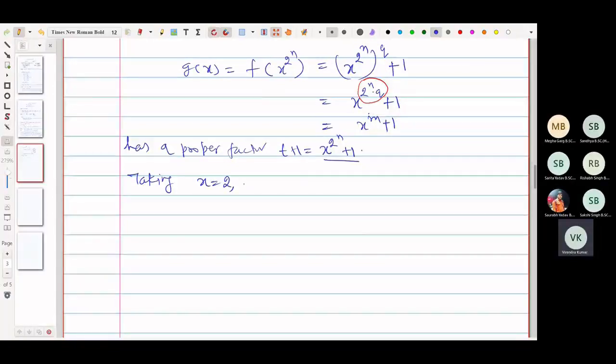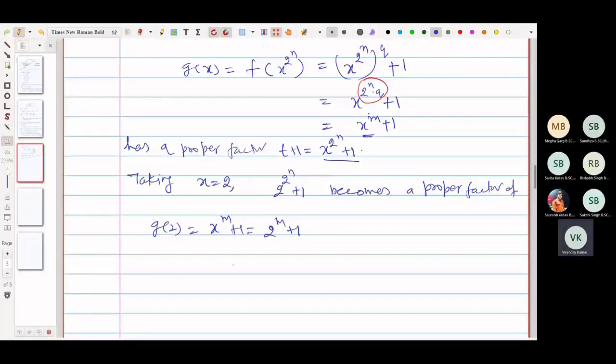If you replace x by 2, this becomes 2 to the power 2 to the power n plus 1, a proper factor of g(2), that is, here we have to substitute x to the power m plus 1, that is 2 to the power m plus 1.